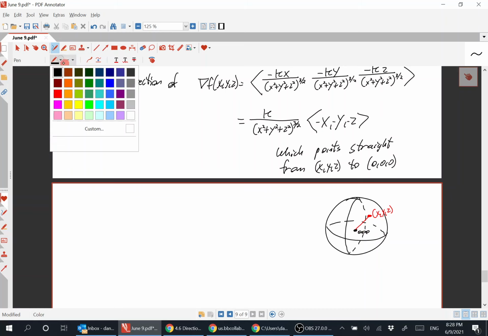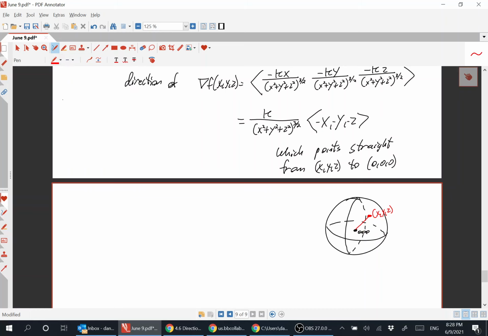Right, so the temperature is inversely proportional to the distance from the origin. So the heating isn't from the outside, the heating is from the inside, excuse me. As the distance gets greater, the temperature gets lesser.